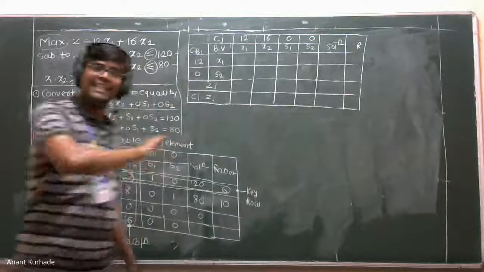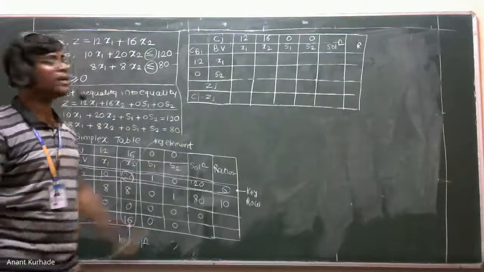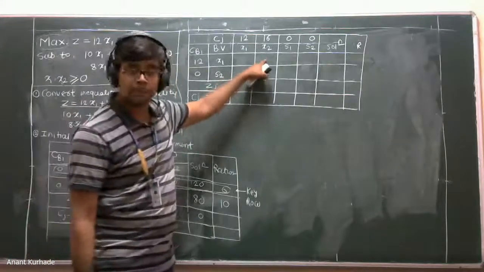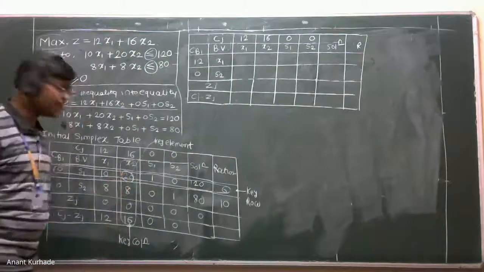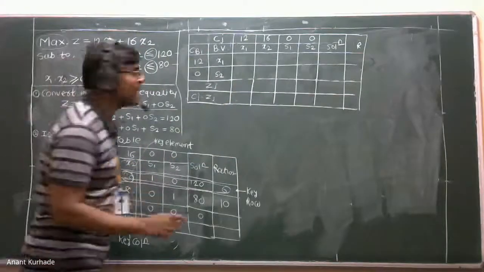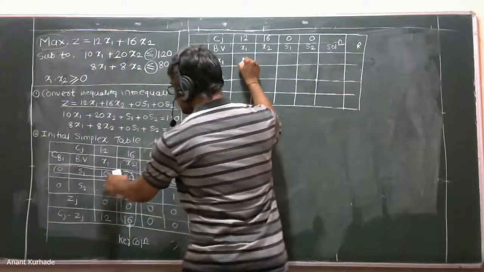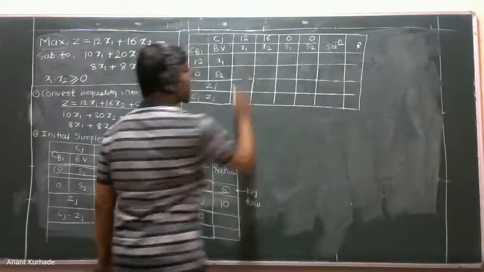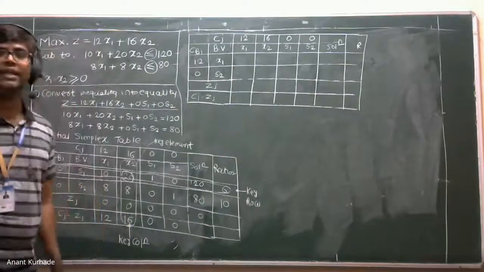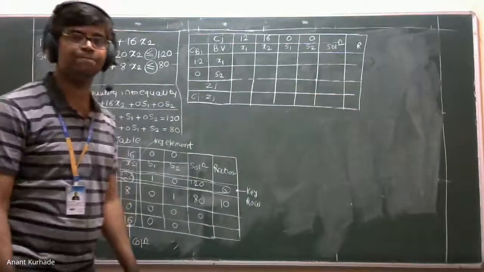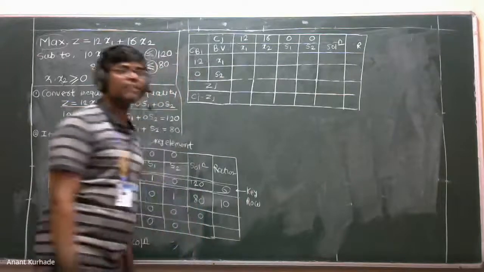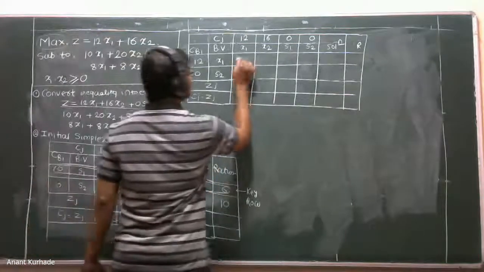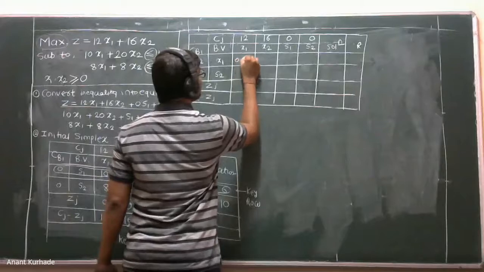So divide each element of key row by key element. So key element is 20. So divide each value. Here it is 10, so 10 divided by 20, 10 upon 20, it is 0.5. Write down here 0.5.